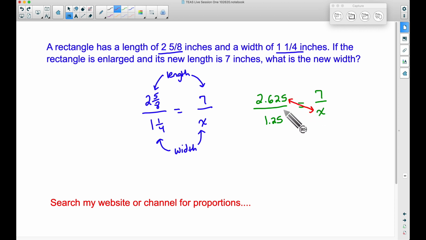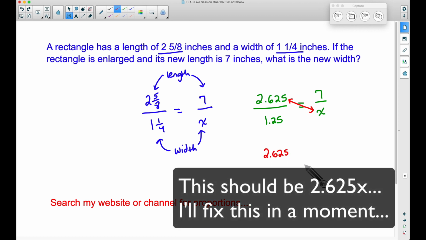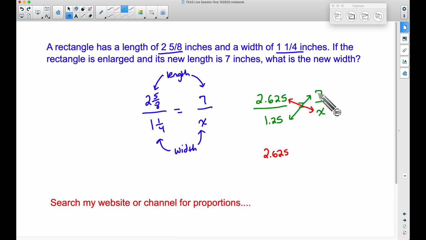So cross multiplying, 2.625 times x. And then cross multiplying the other way, if we take 7 times 1.25, this is where the calculator comes in handy. 7 times 1.25, we will get 8.75. With these two cross products, oh, and I forgot something, didn't I?